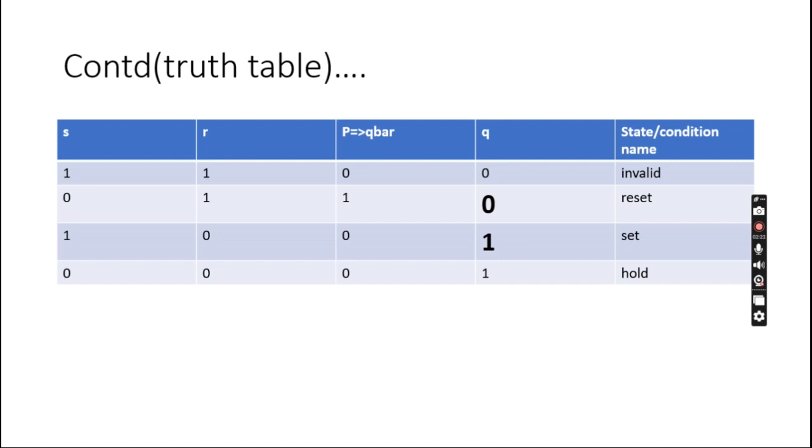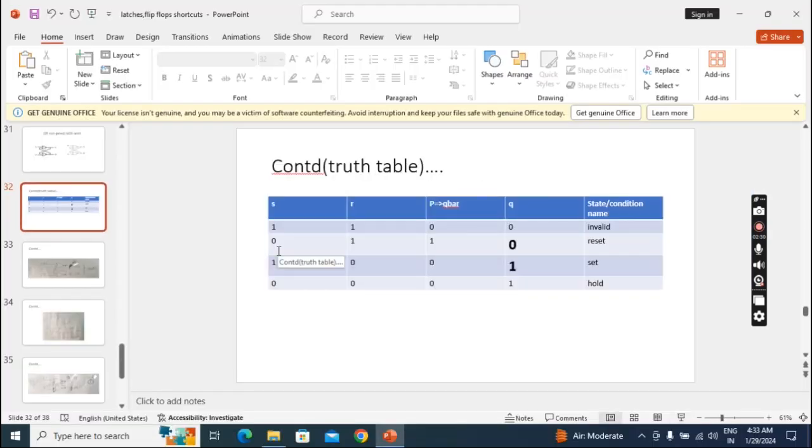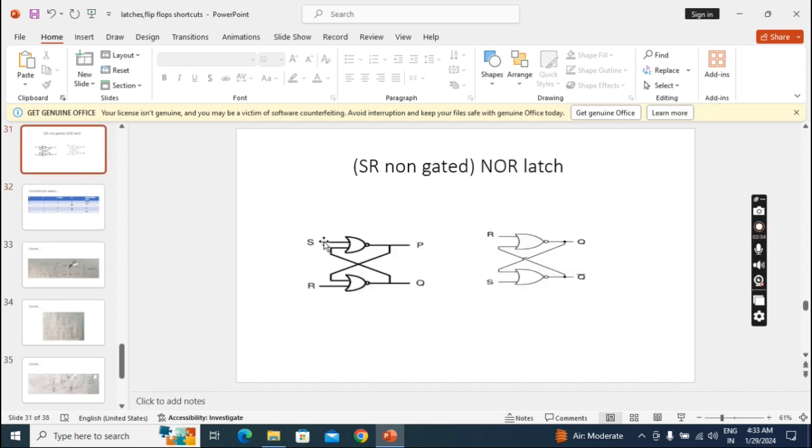And one more reason: suppose initially I apply 0 0 to the NOR latch, what will happen? We don't know the second input. Suppose here I apply 0 0, I don't know the second input of each gate.